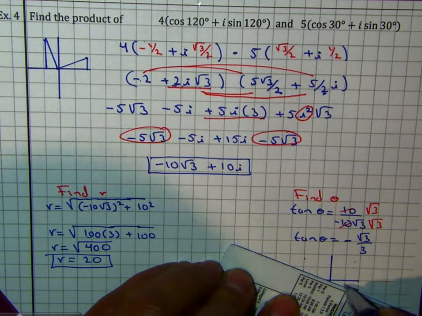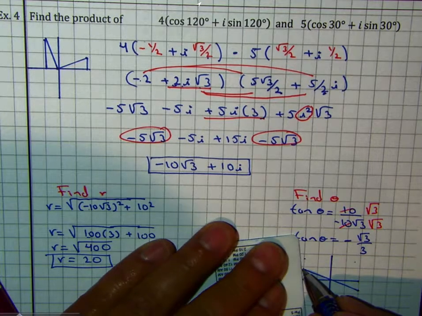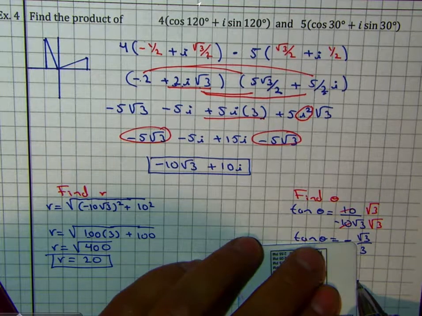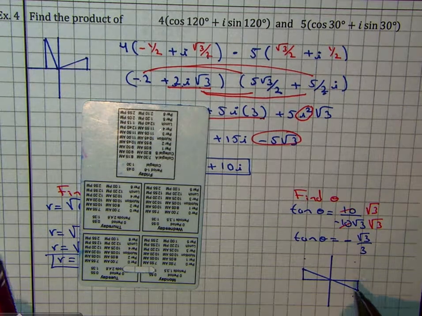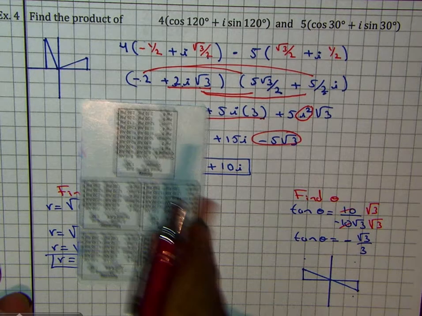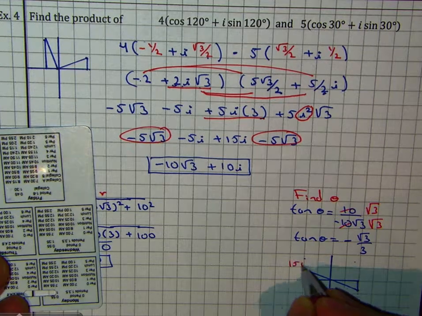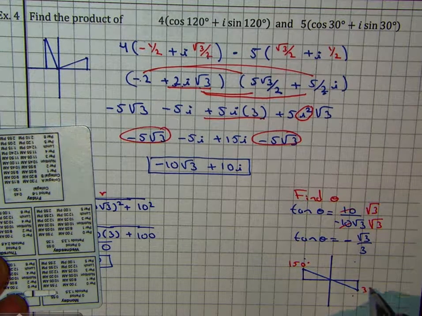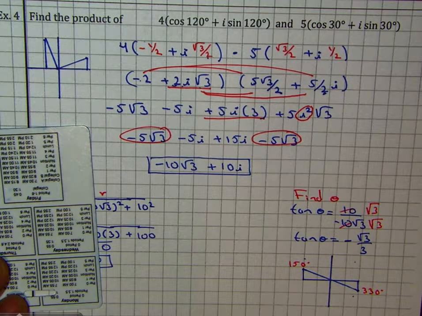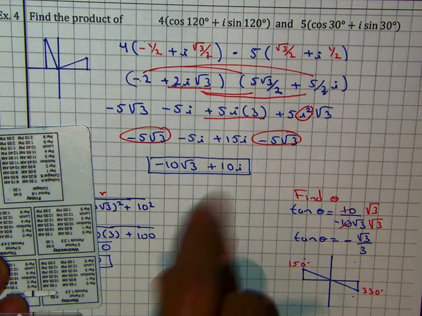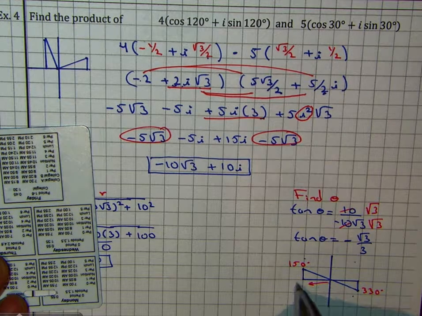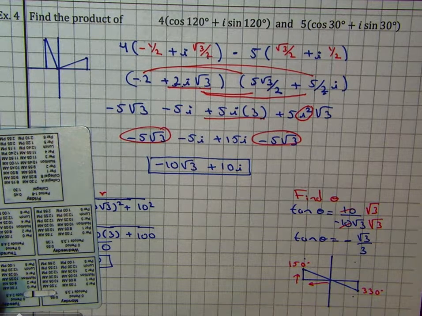So either here or here. So therefore, I need to decide which one it is. Well, I know that it's either going to be 150 degrees or 330 degrees. That's negative, that's positive. And that's what's very, very essential for you to sketch it. So therefore it's 150 degrees.